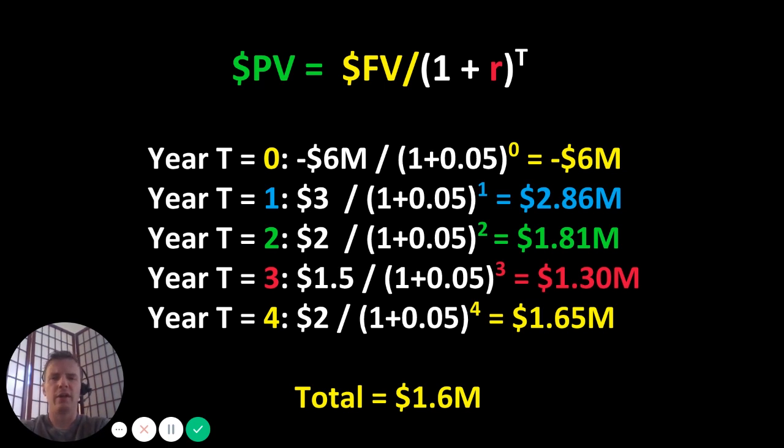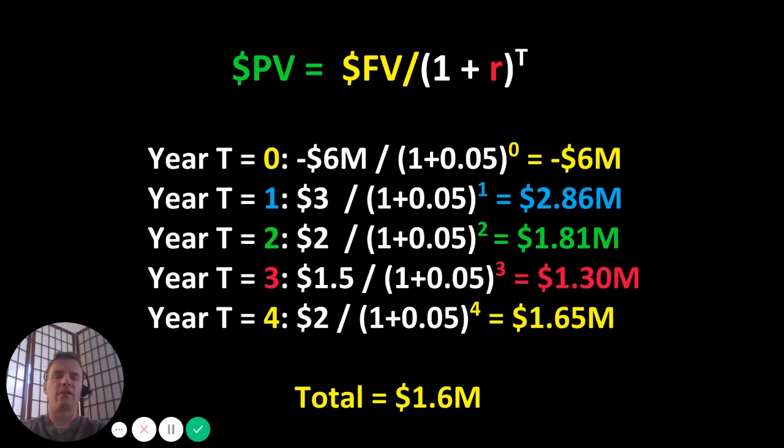On the second line, we're looking at how to assess the present value of earning a positive profit of $3 million 1 year from now. So 1 calendar year from today, how much is $3 million worth? Our future value is $3 million, and we're dividing again by 1 plus 0.05, and now we're taking what's in the parentheses to an exponent of t, because we're looking at year 1, t is equal to 1.